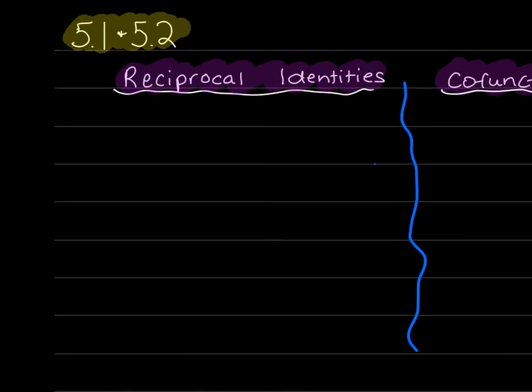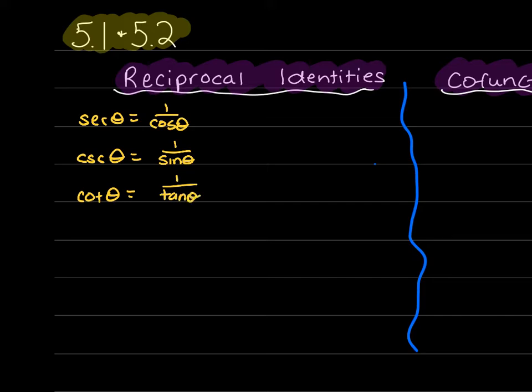So the reciprocal identities are the ones we've been dealing with the longest, right? Secant of theta is 1 over cosine. Cosecant of theta is 1 over sine. Cotangent can be written as 1 over tangent, or as cosine over sine. And tangent would be 1 over cotangent, or sine over cosine.